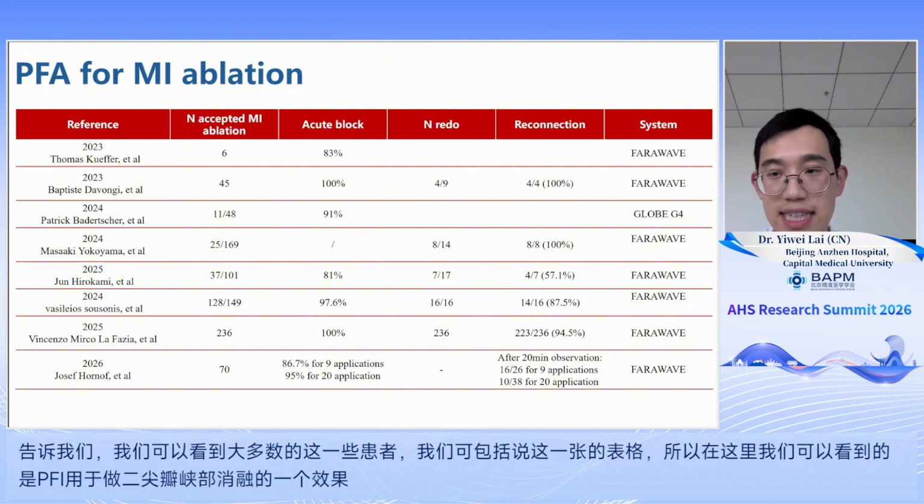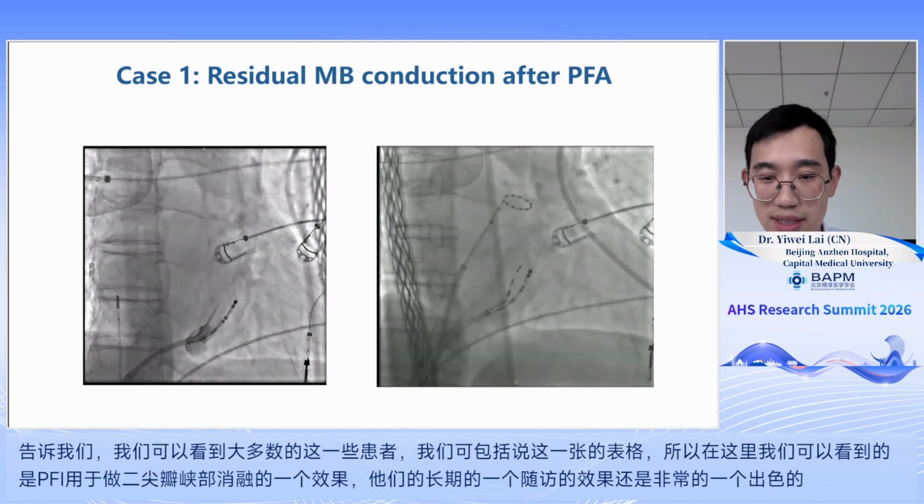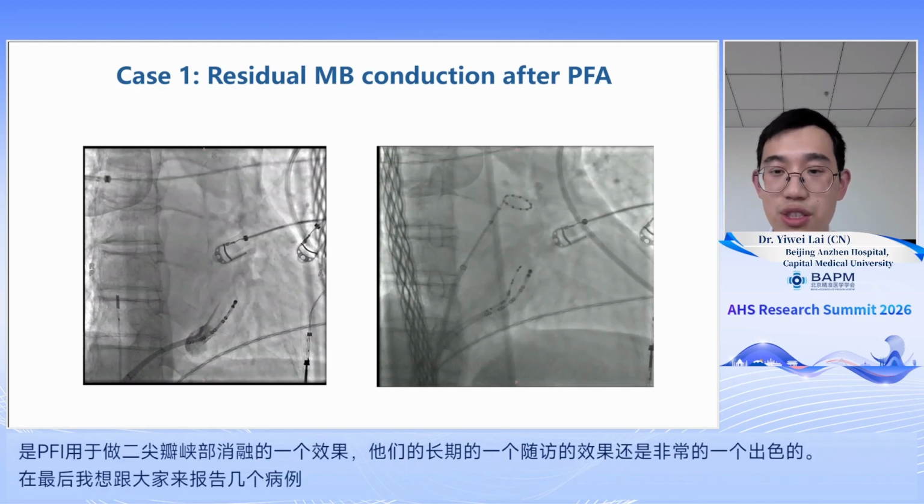But most of the data we have nowadays are targeted using failure rate. And I want to show you some cases in our center where we use a contact force sensing catheter for mitral line ablation.